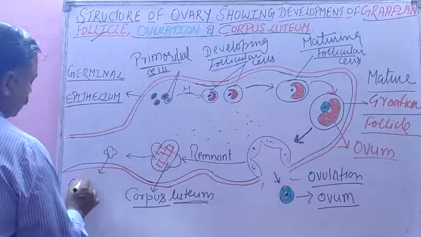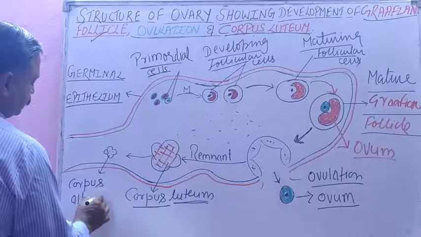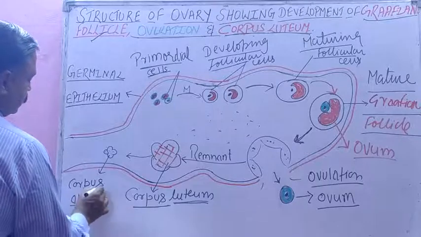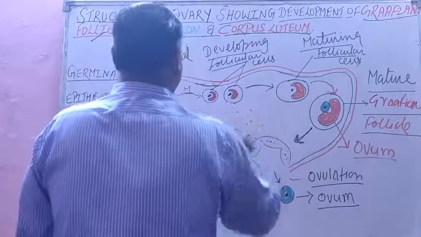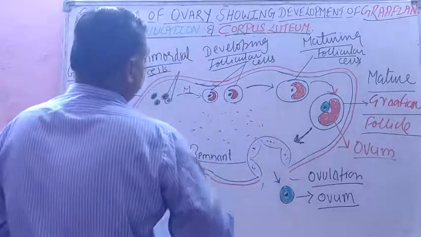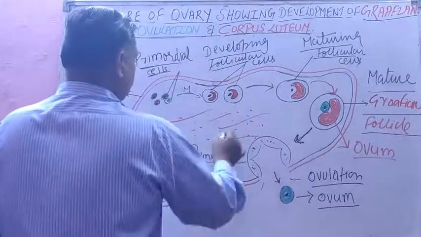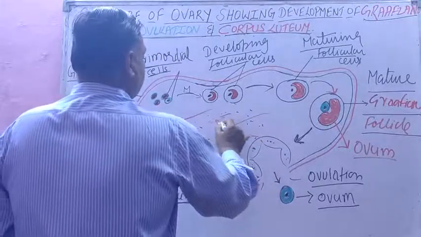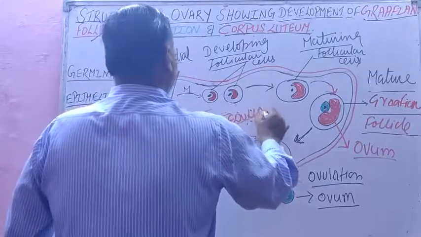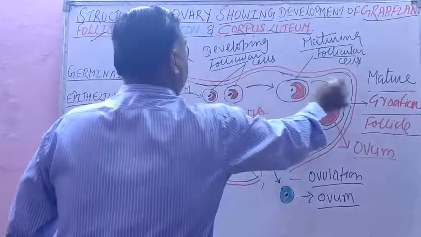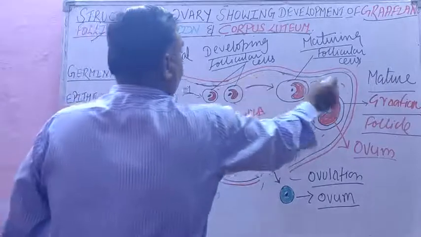And students, in between, the structure where blood vessels and nerve cells are found is called the ovarian medulla, and the surrounding portion is called the ovarian cortex.